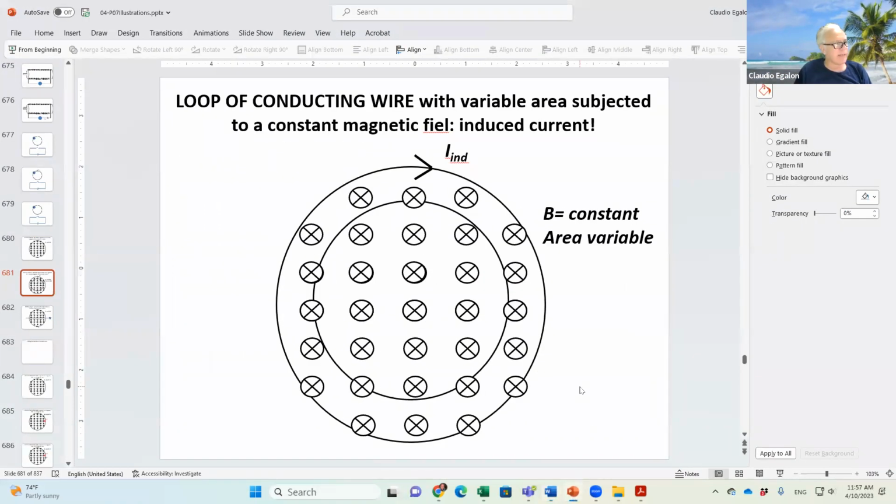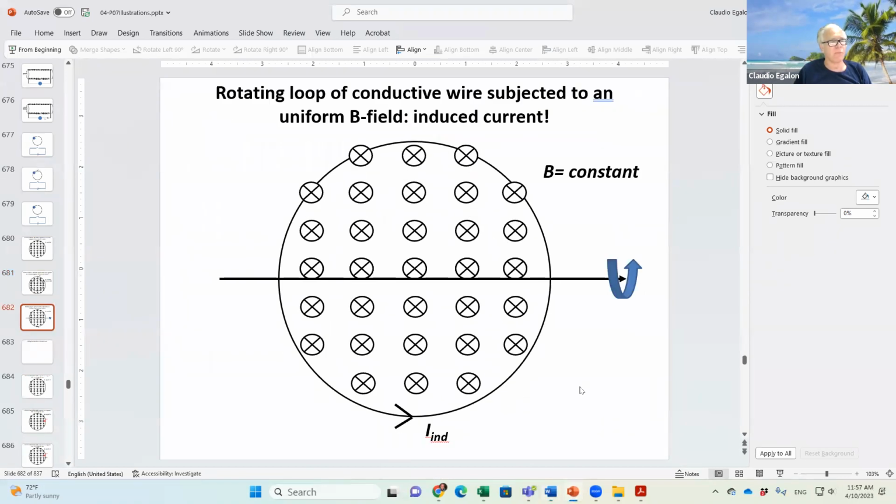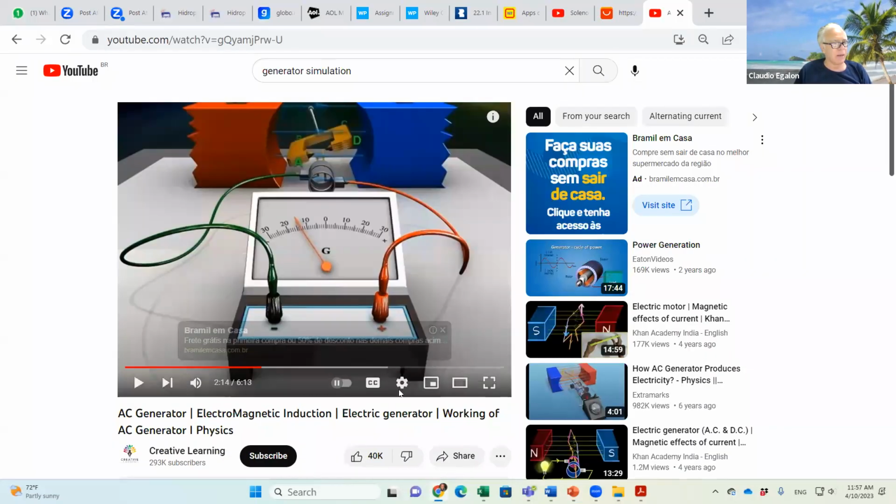Those are all the qualitative ways. Oh, there's one more. You can also rotate your loop in a constant magnetic field, and that's the most practical way of inducing a current. That's what you saw in that simulation, right in here.